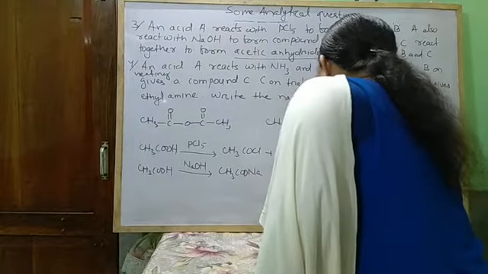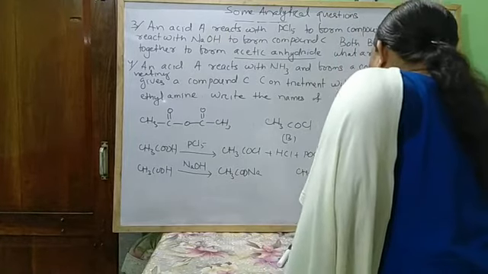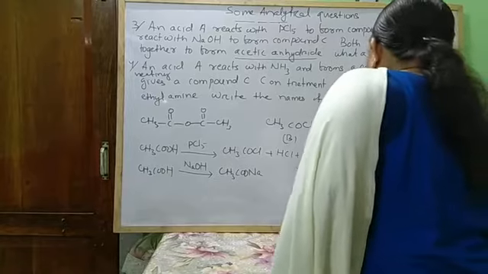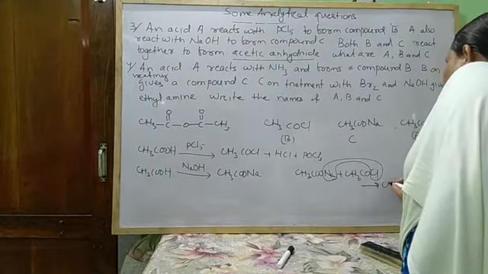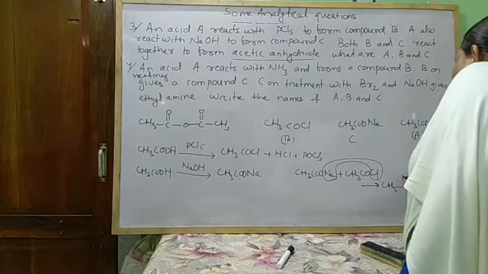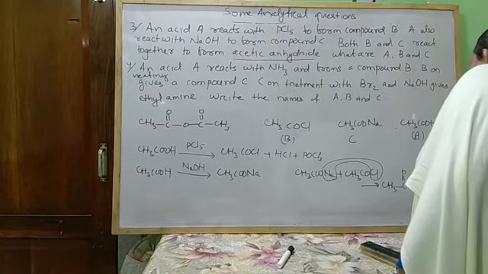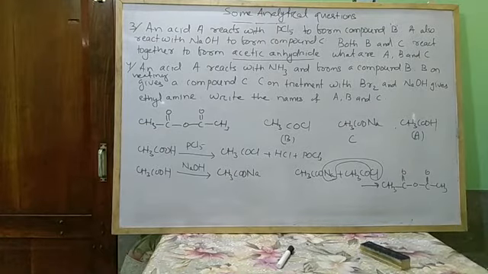And again, when sodium acetate reacts with acid chloride, it forms acid anhydride.